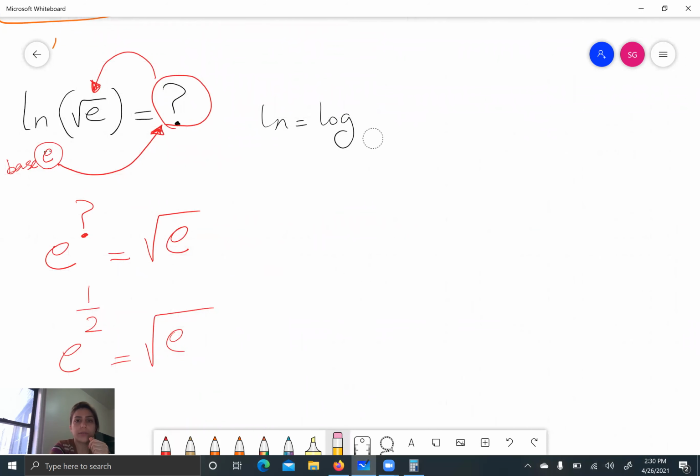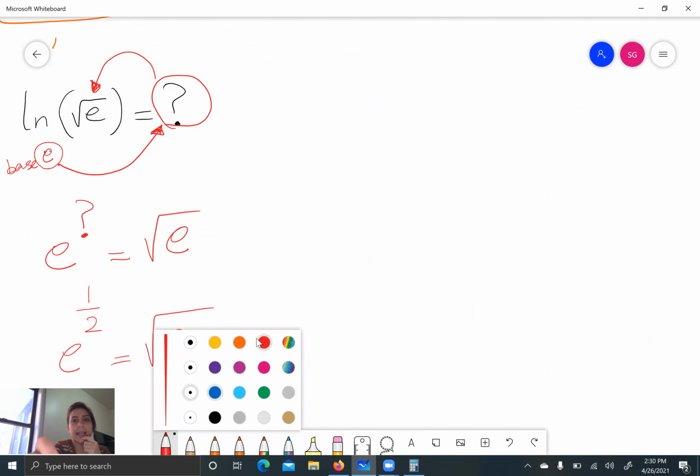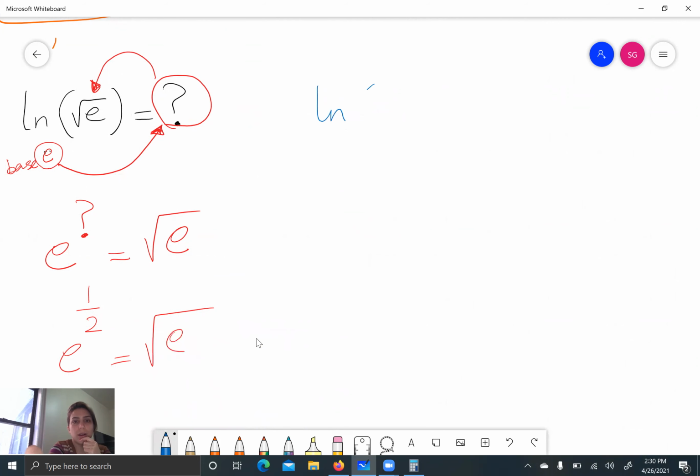Look, you could also say that this is natural log of square root of e, right? So this is going to be natural log of what is a square root. Square root is just the same base, but to the power of half, right?